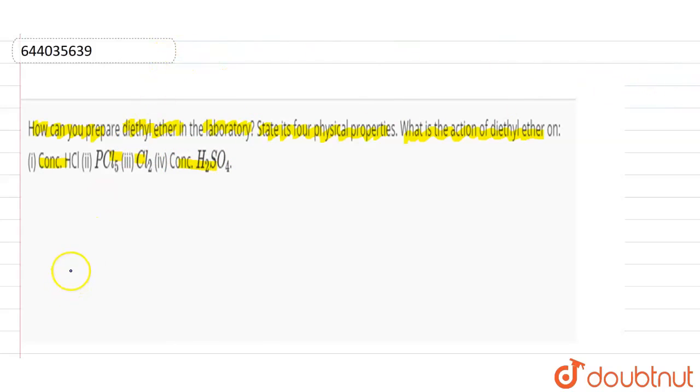First we see how we can prepare diethyl ether in the laboratory. So we see the laboratory method.